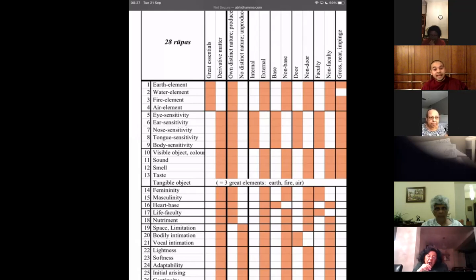But that is body sensitivity, not the earth element. Of course, it is the earth element, however, not the earth element that we are referring to with regards to the 28 rupas. That is why it is a non-faculty, which is not an indriya.